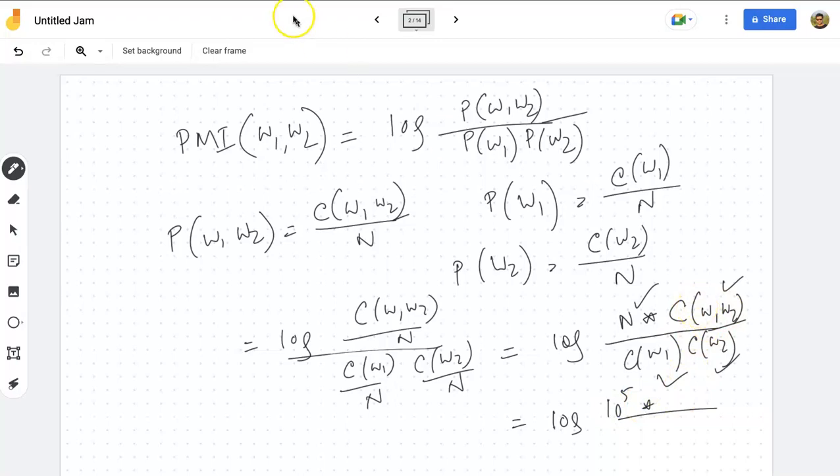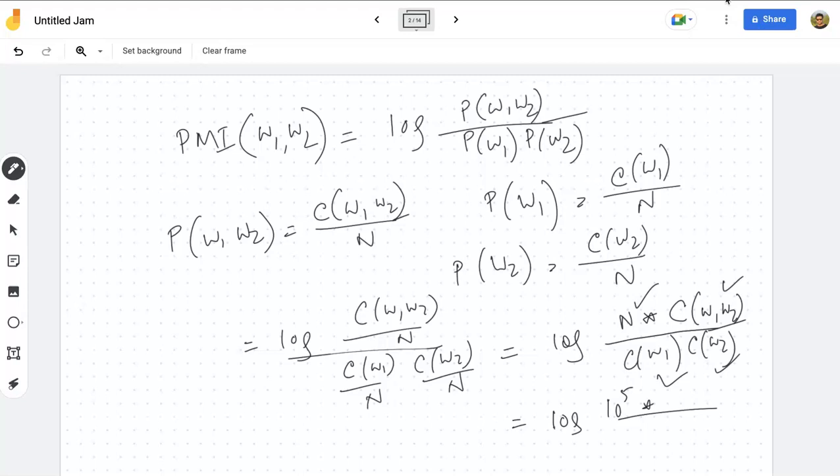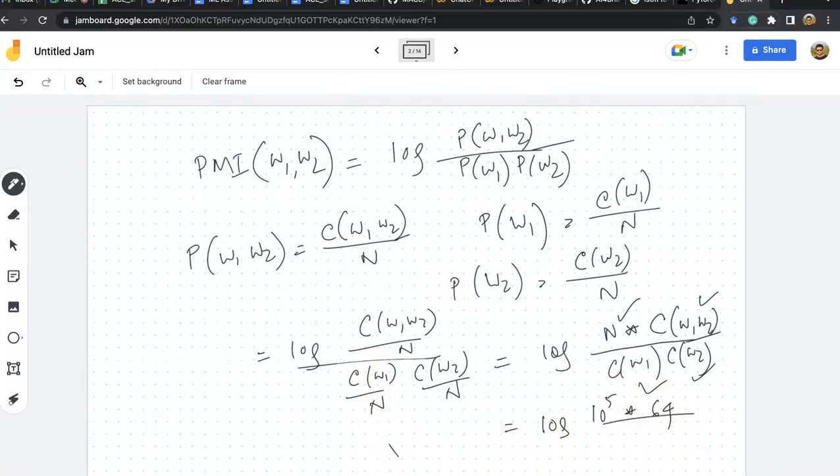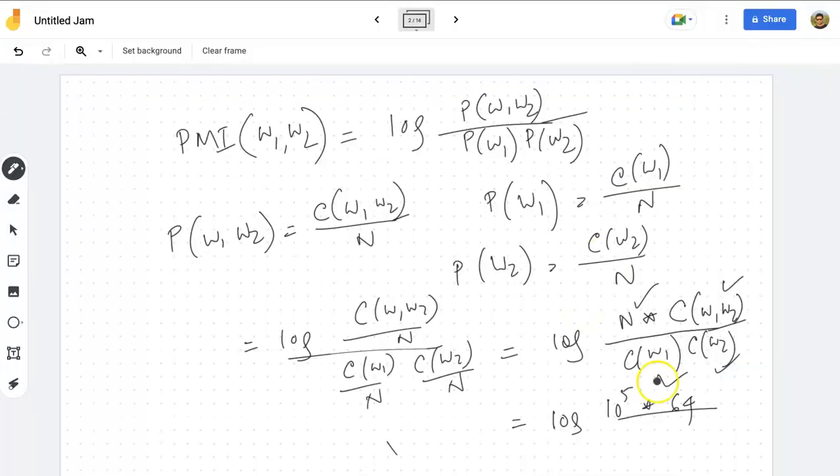Count of W1 W2 is given as 64. Count of W1 and W2 are 100 and 2000.